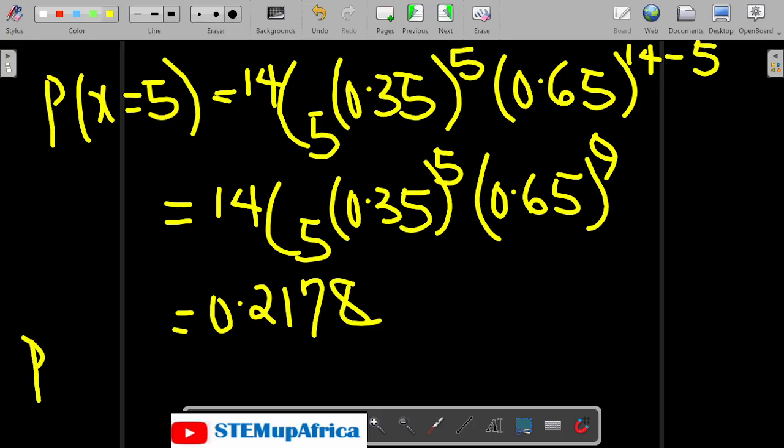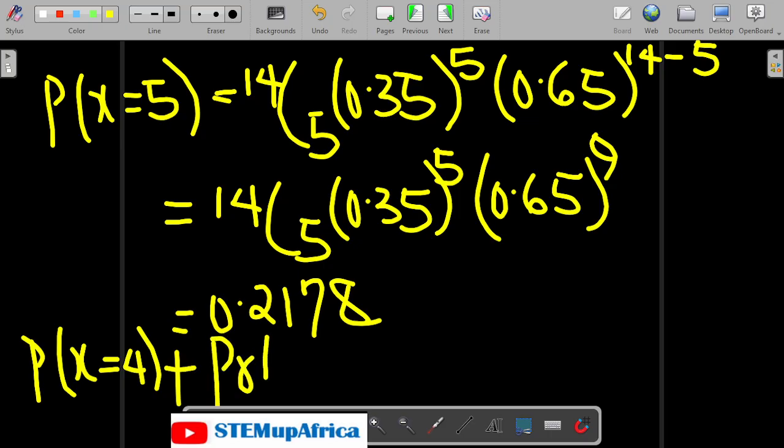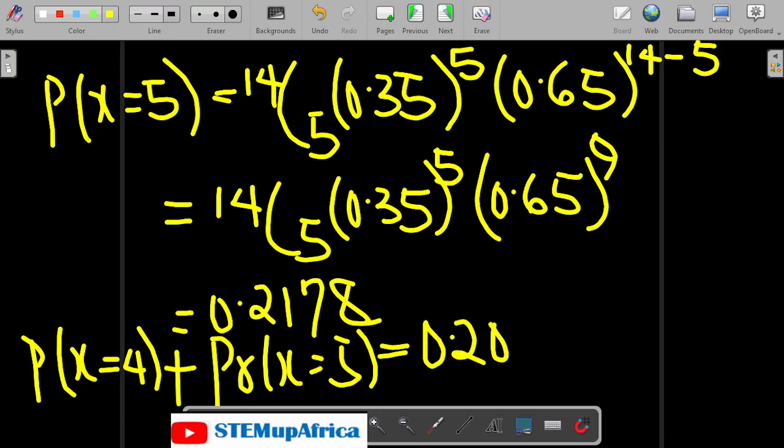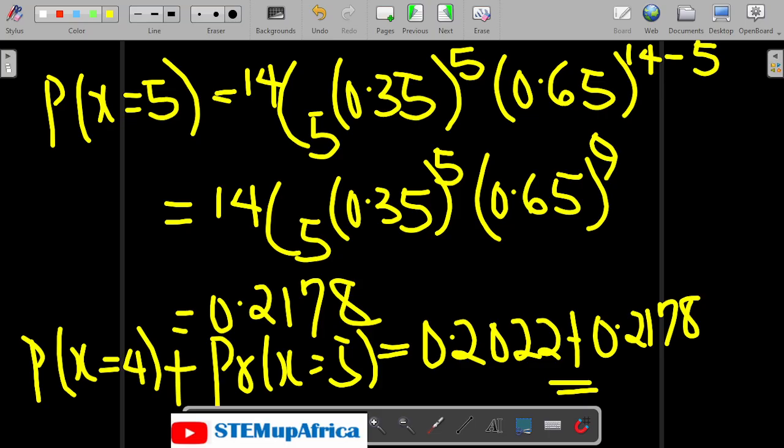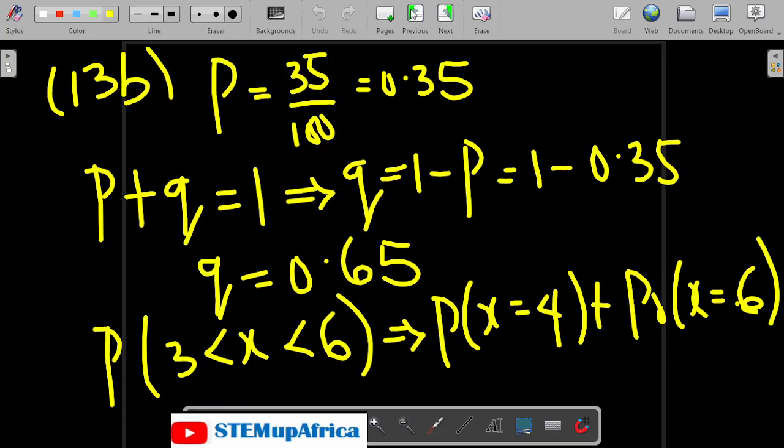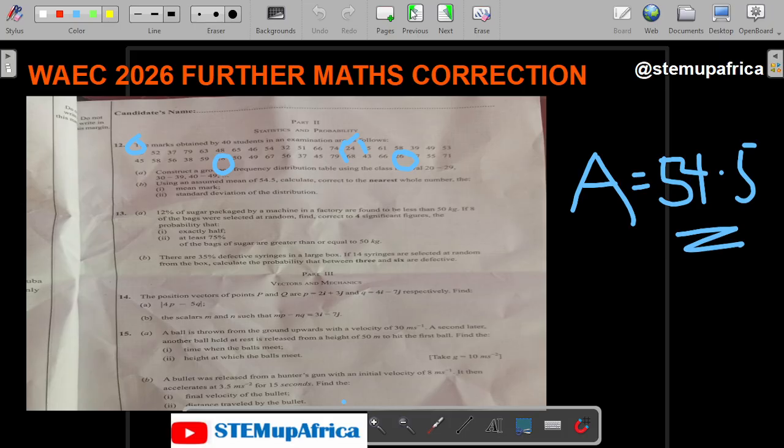So we have prob x equals 4 plus prob x equals 5. That means 0.2022 plus 0.2178. If we add up, that will give us 0.4200. So this is the solution to the entire question 13, which is binomial probability.